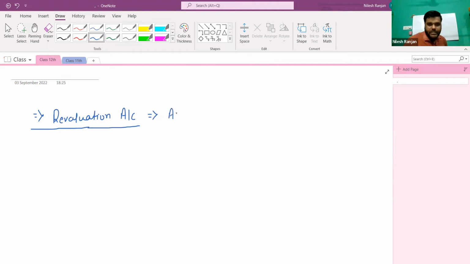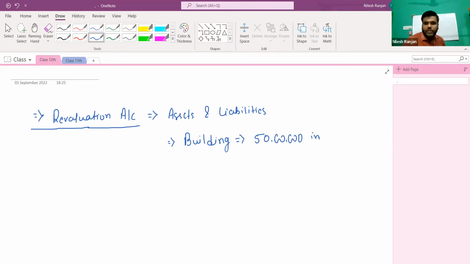assets and liabilities value changes with time. You can see that when you purchase, let's say, a building in 50 lakh in 2018. Now, can you tell me whether the value of this building will change or remain same?